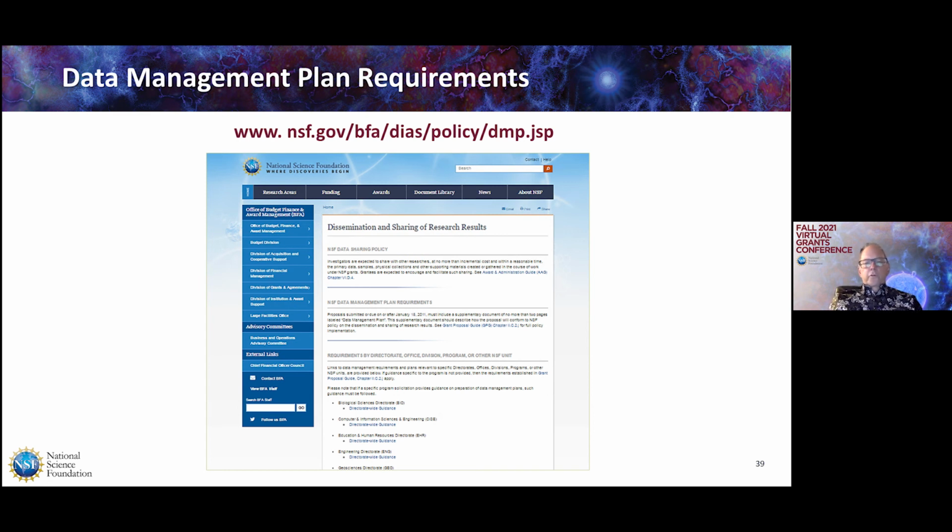But within those policies, there are different practices that cater to the individual cultures of the various disciplines. As I mentioned, I'm an astronomer. Astronomy exists within the Mathematical Physical Sciences Directorate, which also includes chemistry, physics, materials research, and mathematics. Those different divisions within the Directorate of MPS have different cultures in how they address data management, for example.